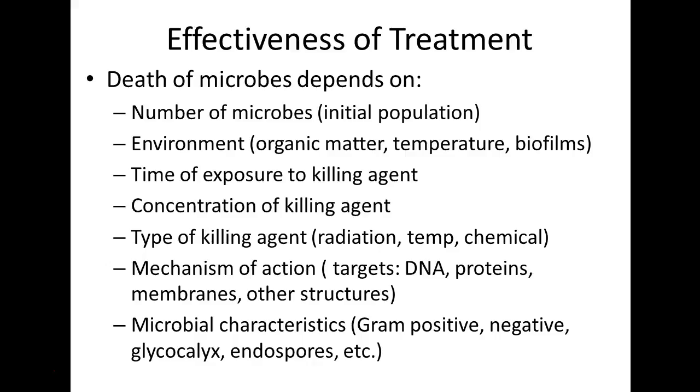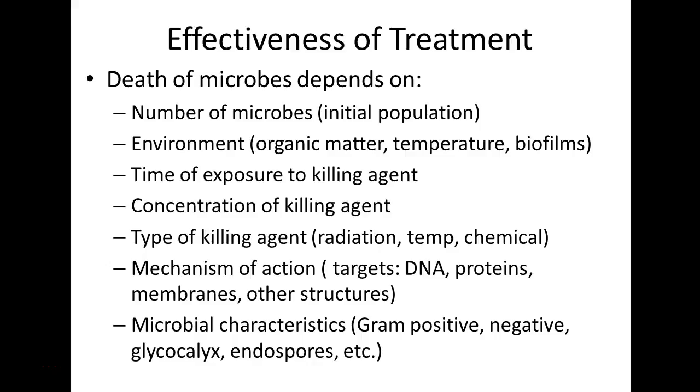Likewise, the mechanism of action can vary from treatment to treatment. There are many things to target with killing agents, such as DNA. You destroy DNA, the cell can't make proteins. And if the cell can't make proteins, it dies. You destroy the proteins, well, then the cell dies, as previously mentioned. You destroy the membrane, well, then the cell falls apart and dies, etc. So there are lots of targets for chemicals or radiation or other killing agents to work on, and each particular killing agent has a mechanism of action by which it kills.